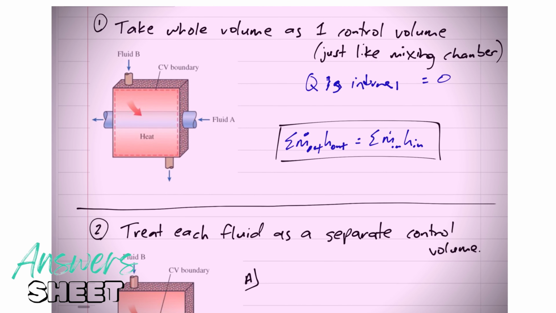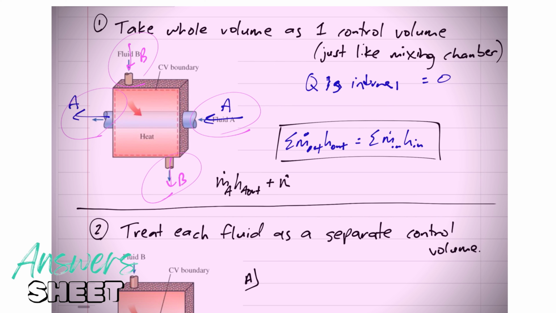So for instance, for a heat exchanger, we've got a fluid A that's coming in and A is going out. B is coming in and B is going out. So it's like we have two inlets right here and two outlets. So we might have m dot A h A out, m dot B h B out equals m dot A h A in, m dot B h B in.